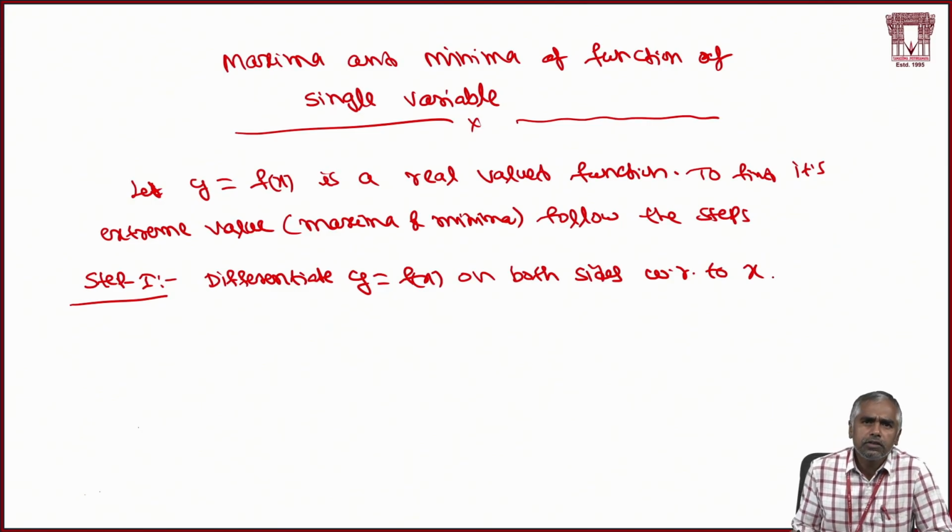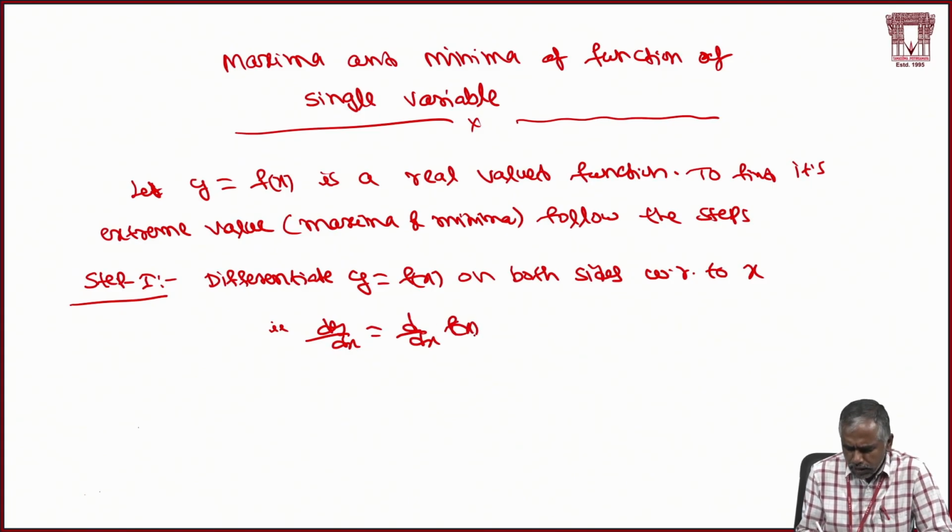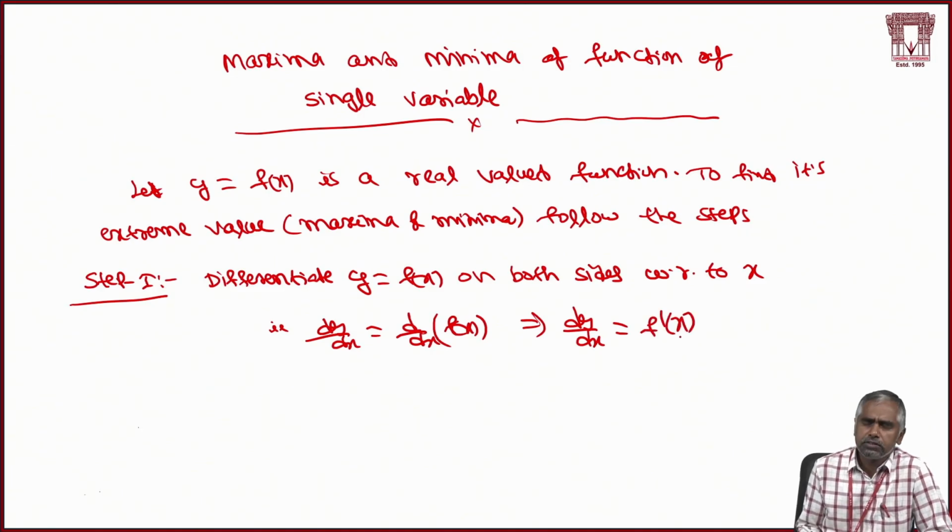So according to step 1, differentiate the given function y is equal to f of x on both sides with respect to x. That is dy by dx is equal to d by dx of f of x. So that implies dy by dx is equal to f dash of x. So this is the step 1.